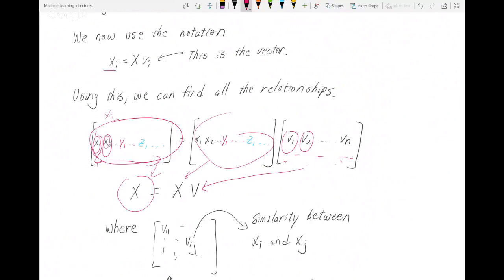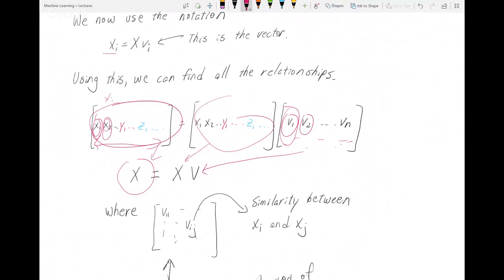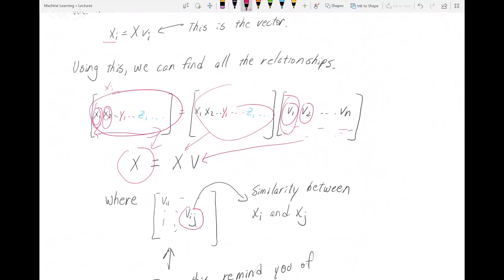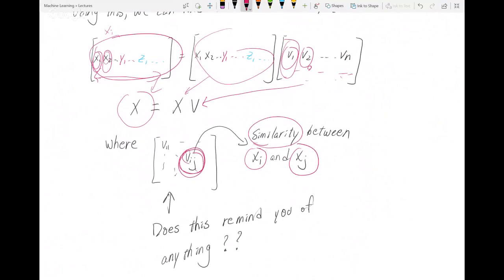Once we have this V, remember what we talked about. Each element inside here, like Vij, is the similarity between Xi and Xj. Does that remind you of anything from our last video? Similarity, some kind of matrix that tells you similarity.